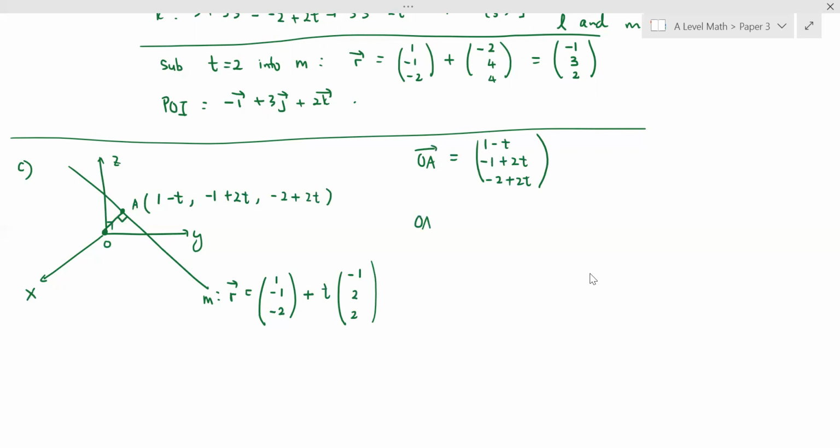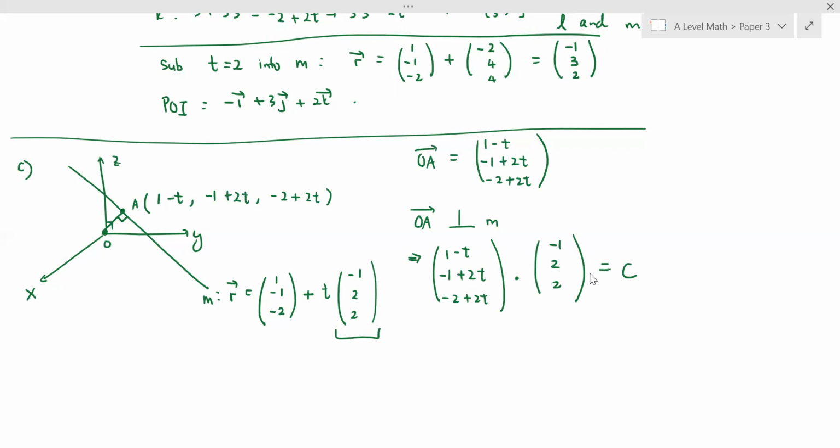And we know that vector OA is perpendicular to the line. If vector OA is perpendicular to the line, then the dot product of vector OA, which is (1 - t, -1 + 2t, -2 + 2t), with the direction vector of the line, (-1, 2, 2), must be 0.